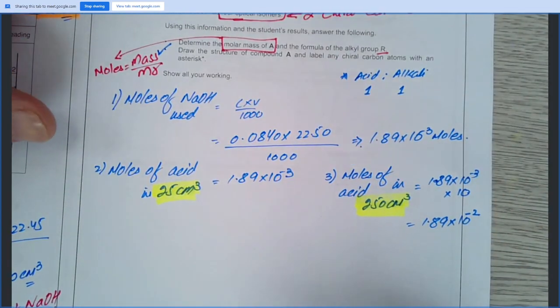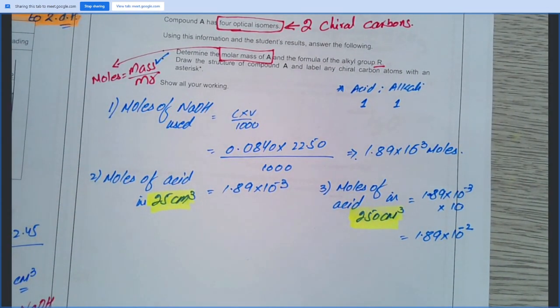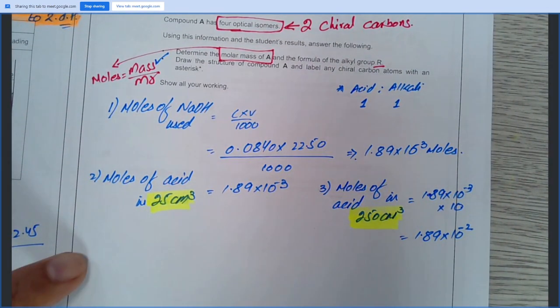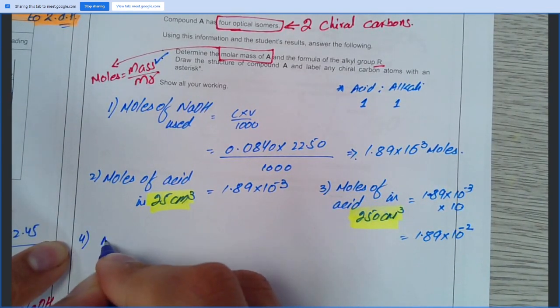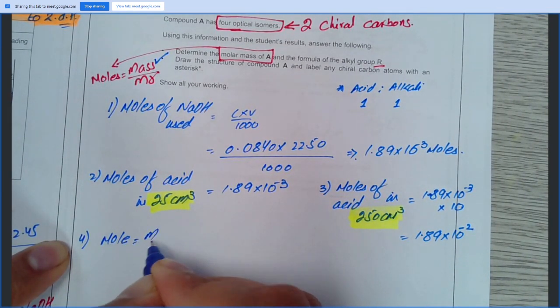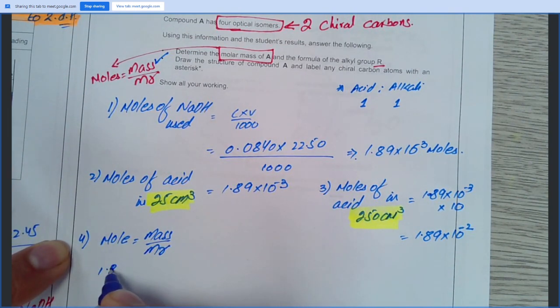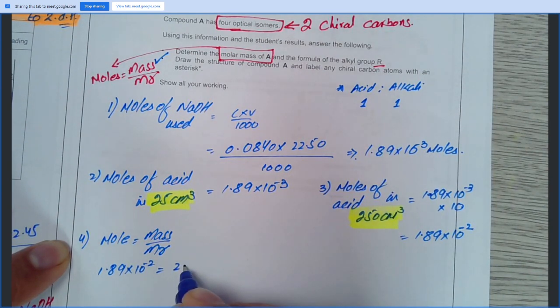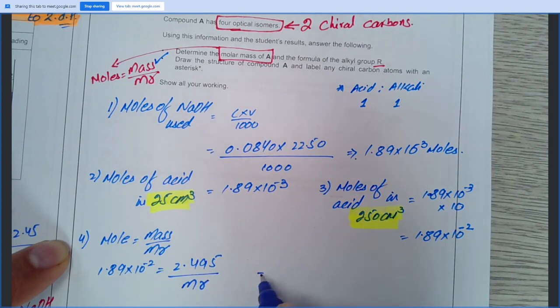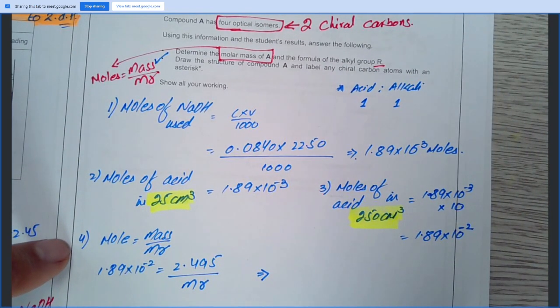We are assuming our acid was pure acid, and based on that, number 4, moles equals mass over Mr. Moles are 1.89 times 10 to the power of minus 2, mass was 2.495 over Mr. From here, my Mr turns out to be 132.